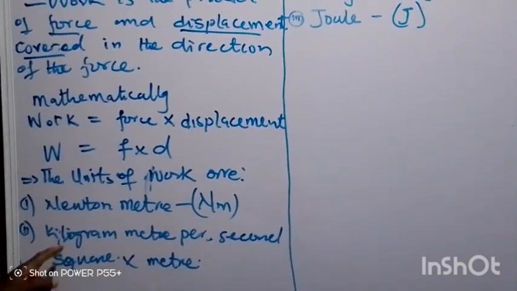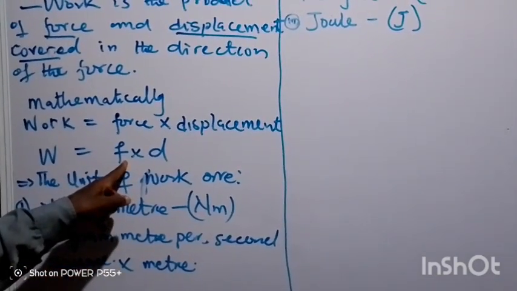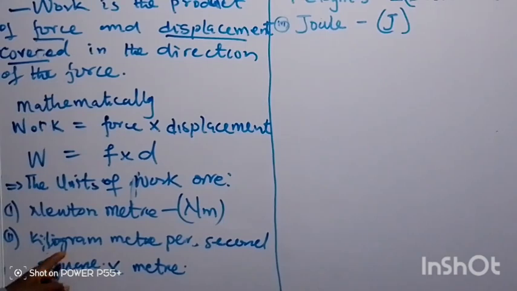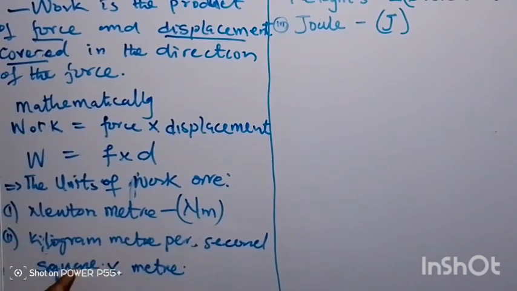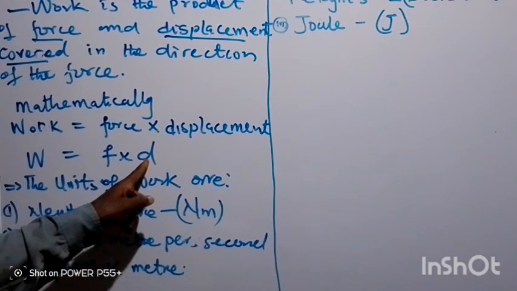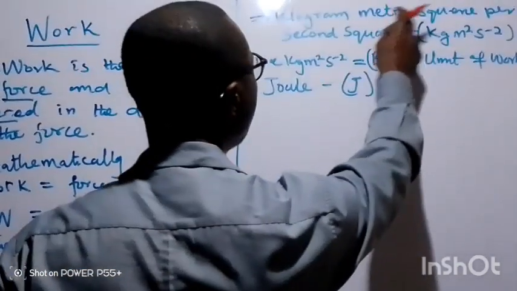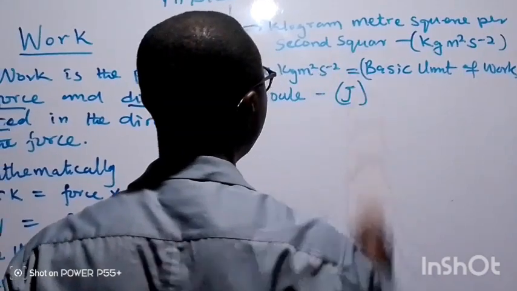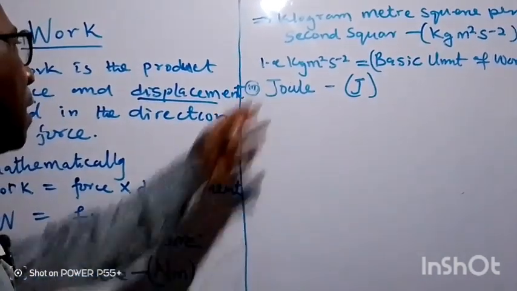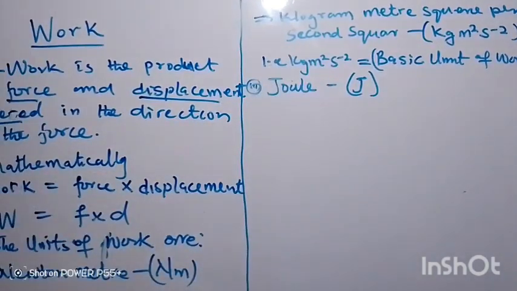The second one from F times D, force in kilogram meter per second square, then multiplied by another displacement, whose unit is meter, gives kilogram meter square per second square, which I said is the basic unit of work. And the last one is joule.